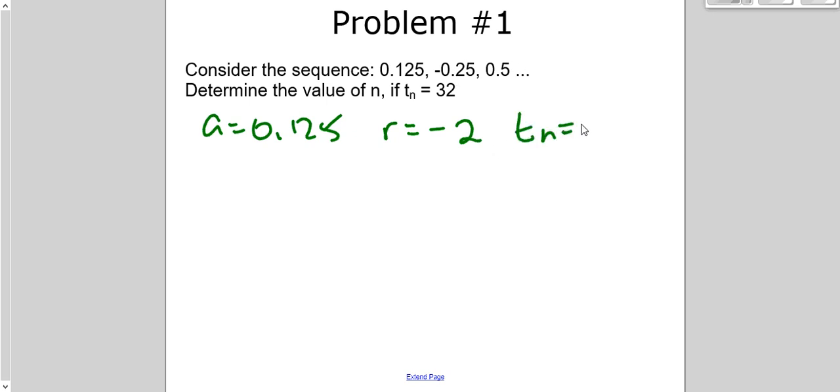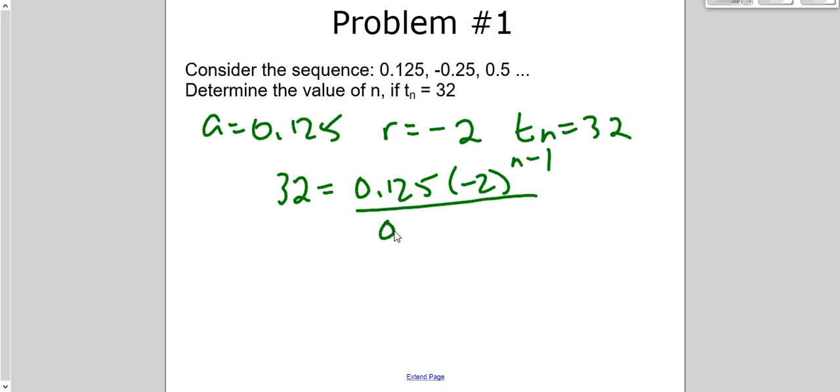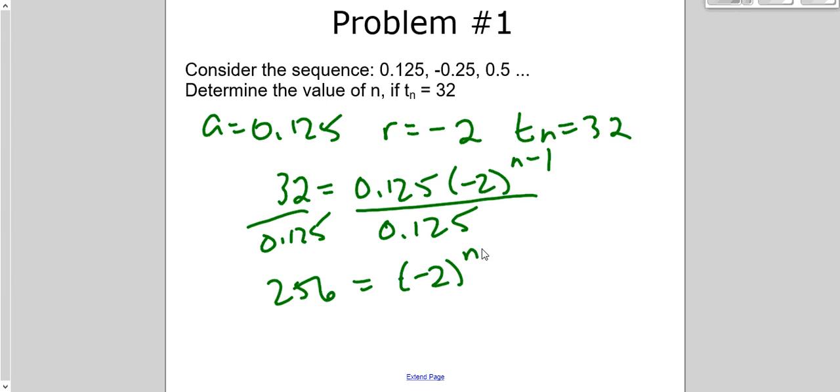And then Tn equals 32. So I guess really this is just a continuation of what we were just doing. Divide each side by 0.125. 32 divided by 0.125 equals 256 equals -2 to the n minus 1.